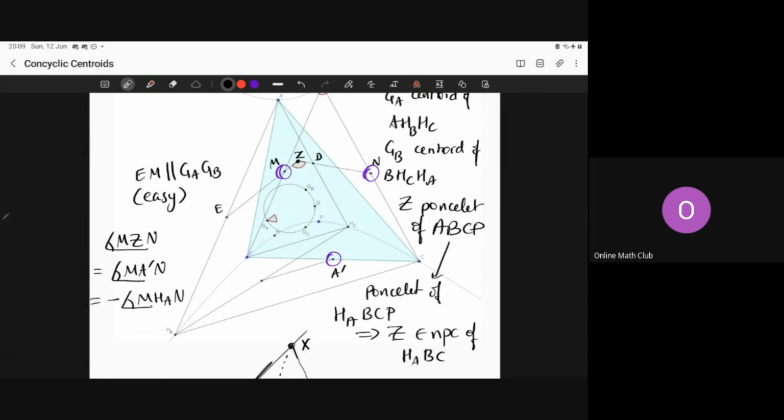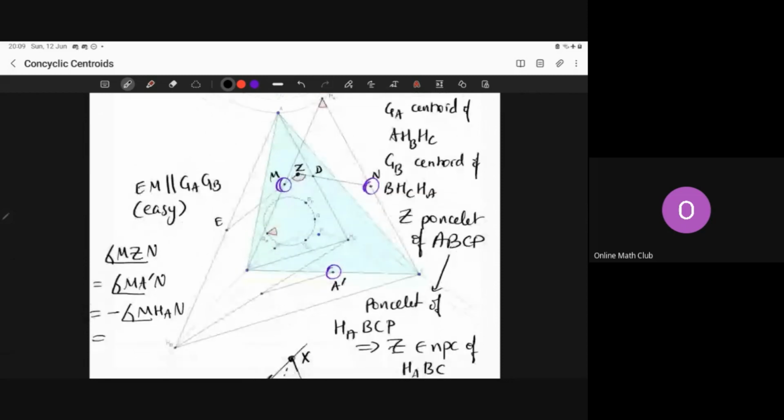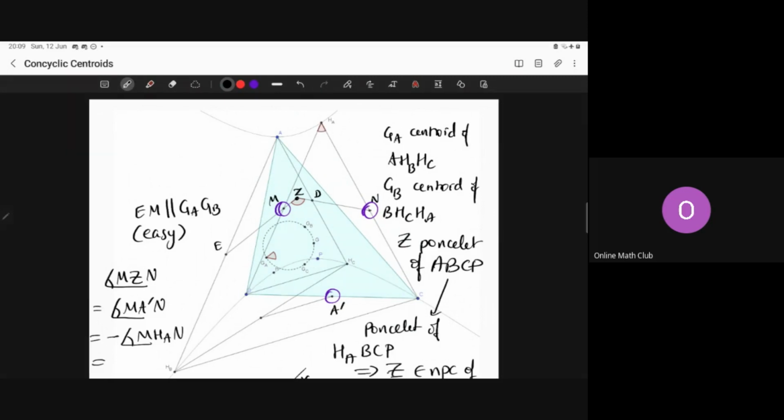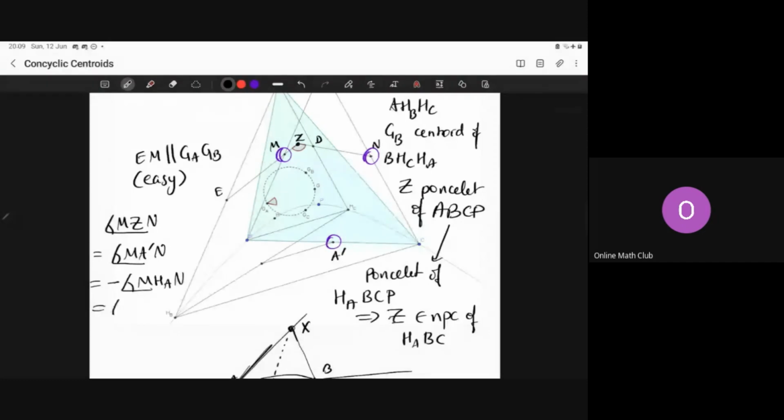And since HA is the orthocenter of BPC, you can see that this angle is the same as this angle mod 180. I'll erase these two. This is equal to angle BPC.